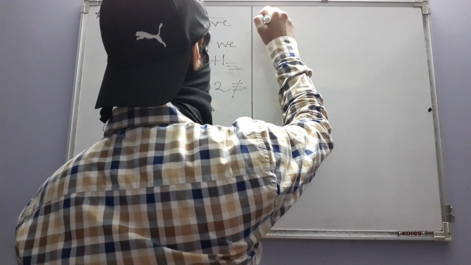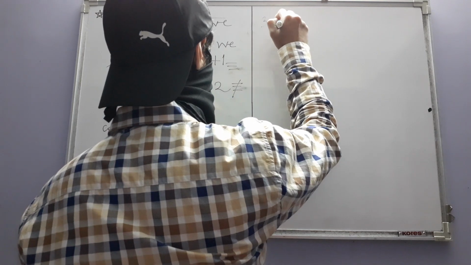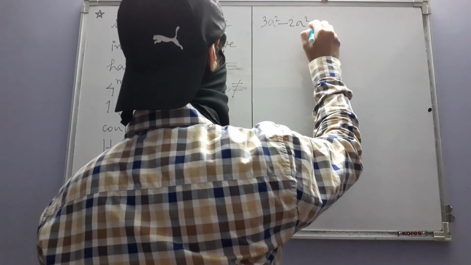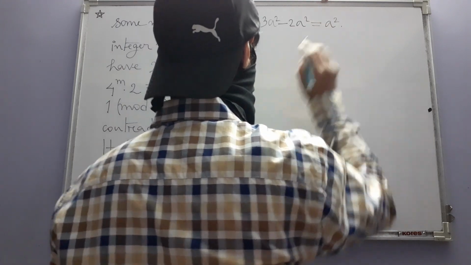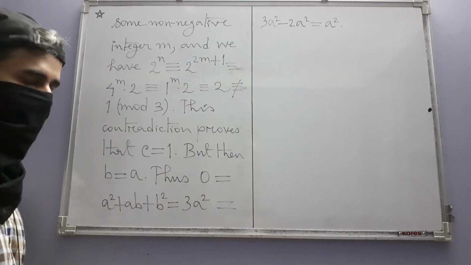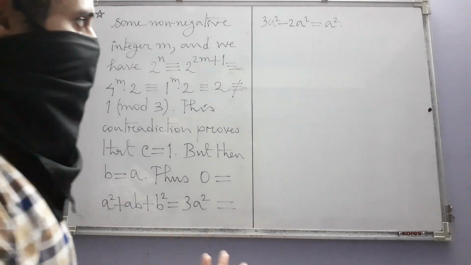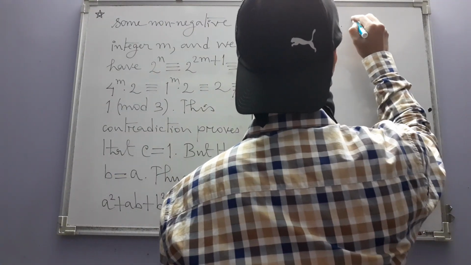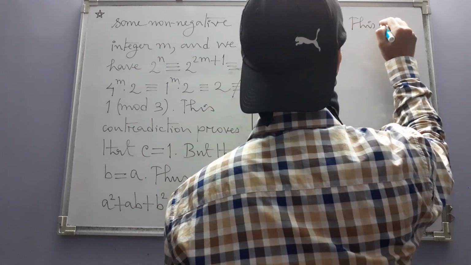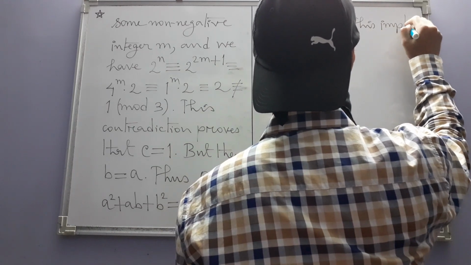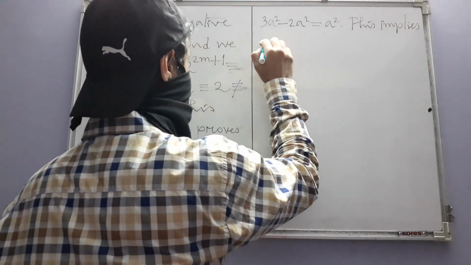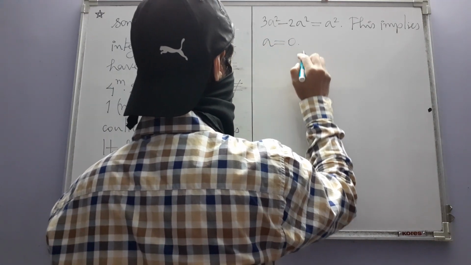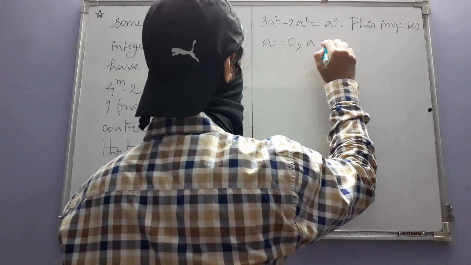A square is equal to 3a square minus 2a square, which is equal to a square. So that means a square is equal to 0. And again, since we are in a field, this implies a must be equal to 0, and this is a contradiction.